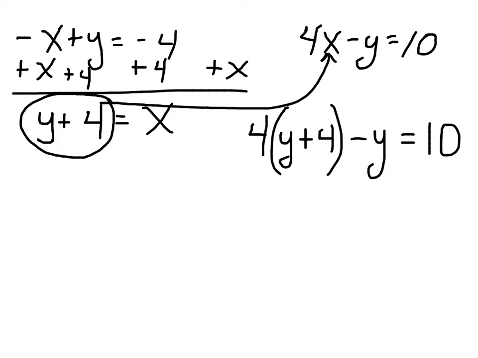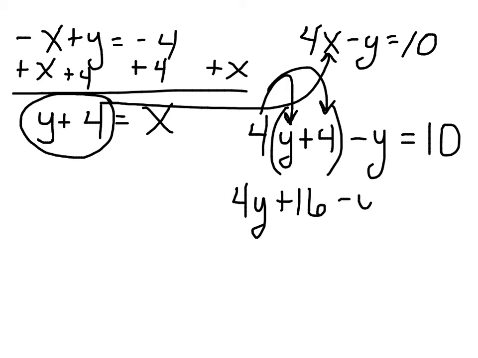Since there's a number in front of my parentheses, what do I have to do? I'll give you a hint. It starts with the letter D and rhymes with attribute. Yeah, you guys are both right. Distribute. What's 4 times y? Nice. What's 4 times 4? 16. Minus y equals 10.